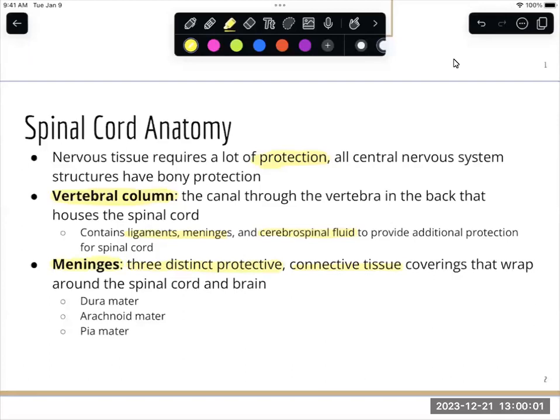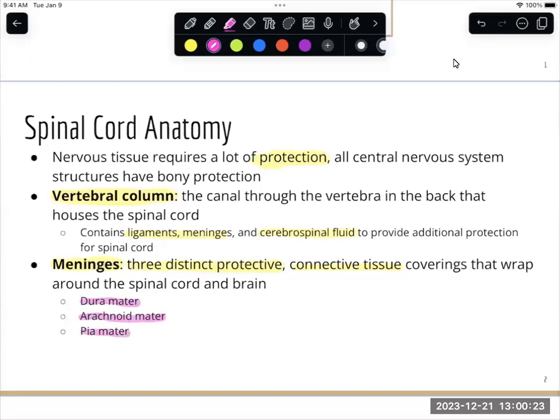The same 3 layers found in the spinal cord meninges are the same 3 layers found in the cranial meninges. So we have our dura mater, arachnoid mater, and we have our pia mater.